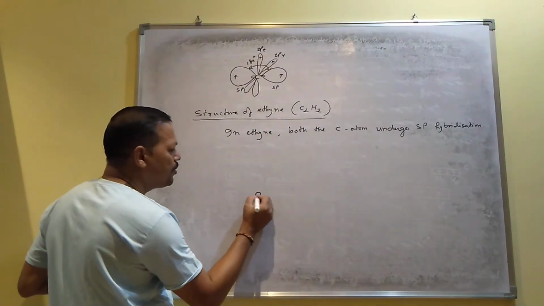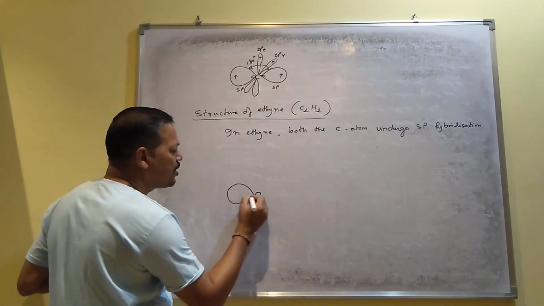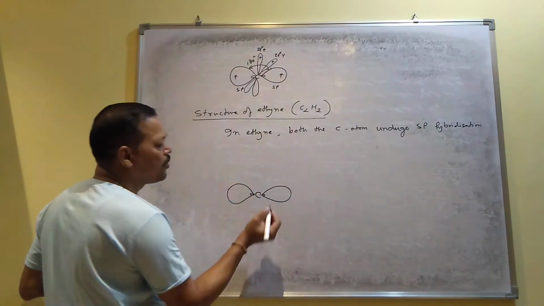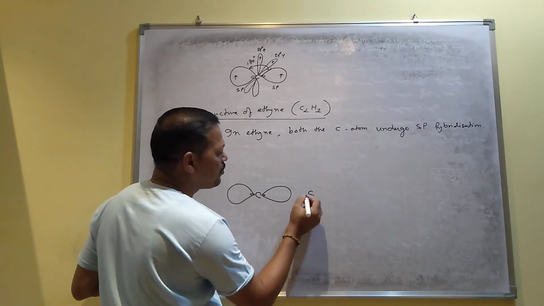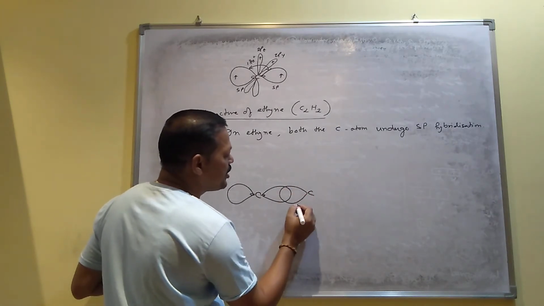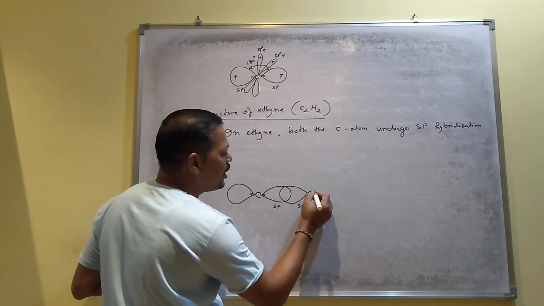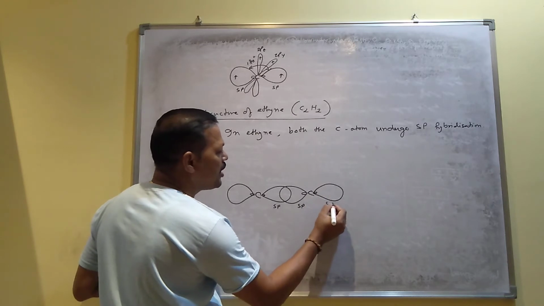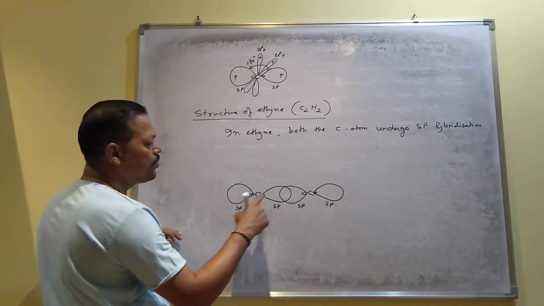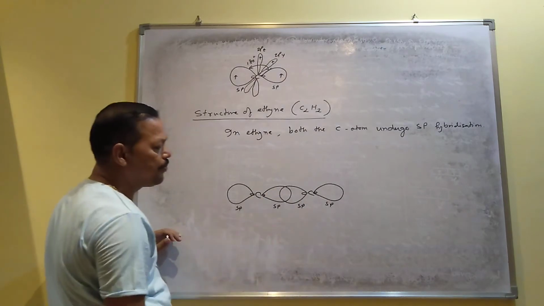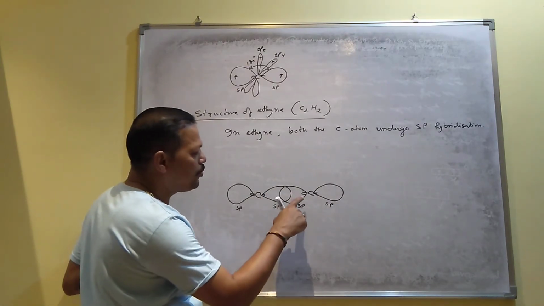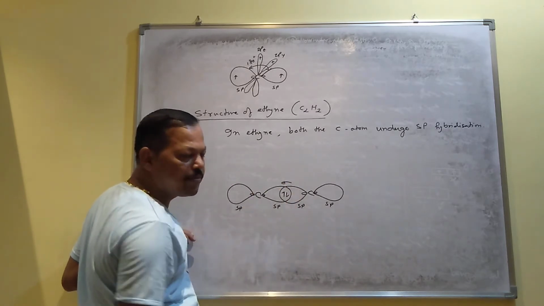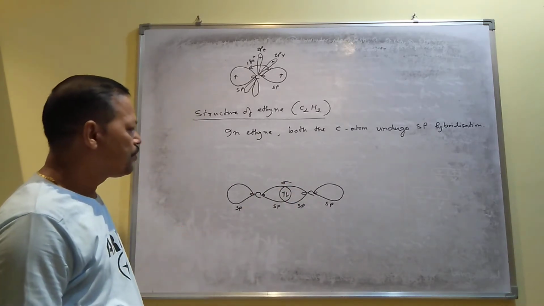So this is one carbon, its sps are like this, and this is another carbon. One sp overlaps with this sp, this is called sp-sp overlap, and this is another sp for this carbon. These are sp hybrid orbitals, 2 sp for this carbon and 2 sp for this carbon. One sp of this carbon overlaps with one sp of the other carbon to produce a carbon-carbon sigma bond. This is a sigma bond because head-on overlap takes place.